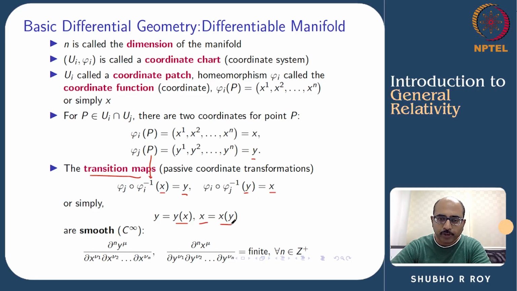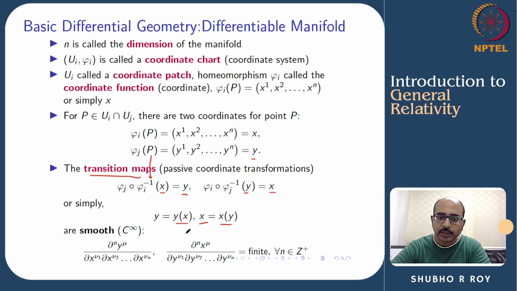Now, the property of smoothness of a manifold means that these functions which convert one set of coordinates to the other are smooth functions, in the sense that all ordered derivatives of the components of y with respect to the components of x, and all ordered derivatives of the components of x with respect to the components of y, are finite. Actually, we want a much stronger requirement, which is that y is a real analytic function of x, and x is a real analytic function of y.